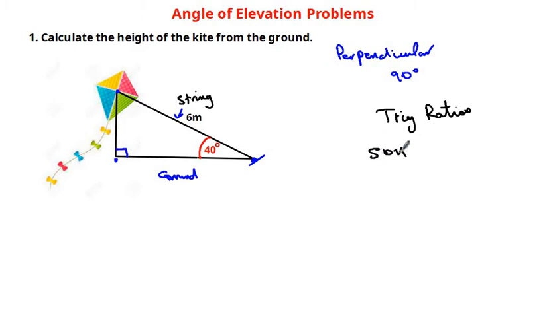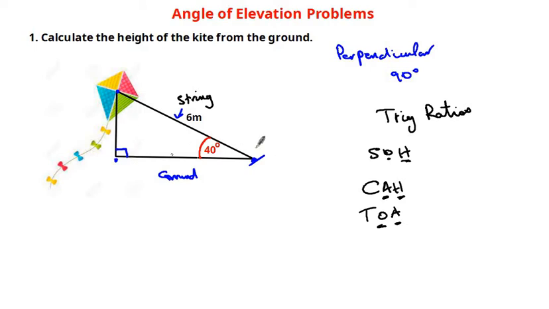SOH CAH TOA. That was the mnemonic, where O stands for opposite, H stands for hypotenuse, and A stands for adjacent.